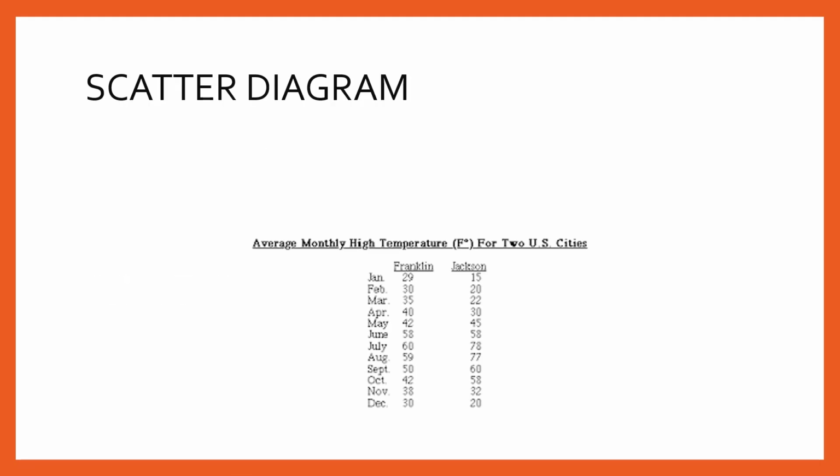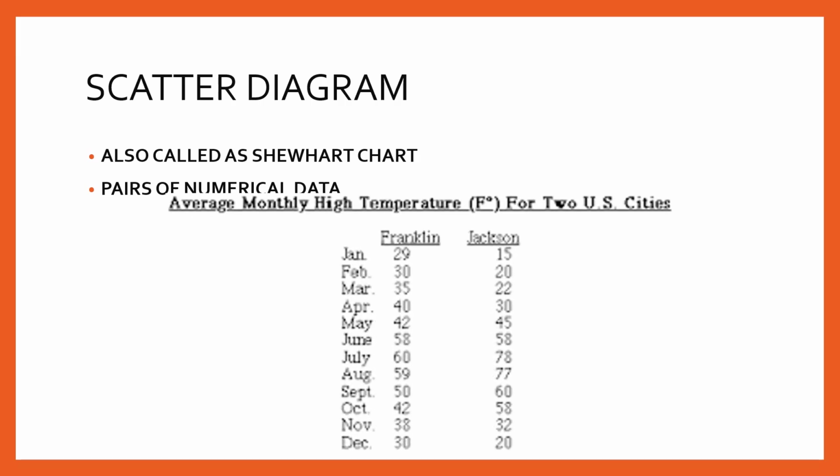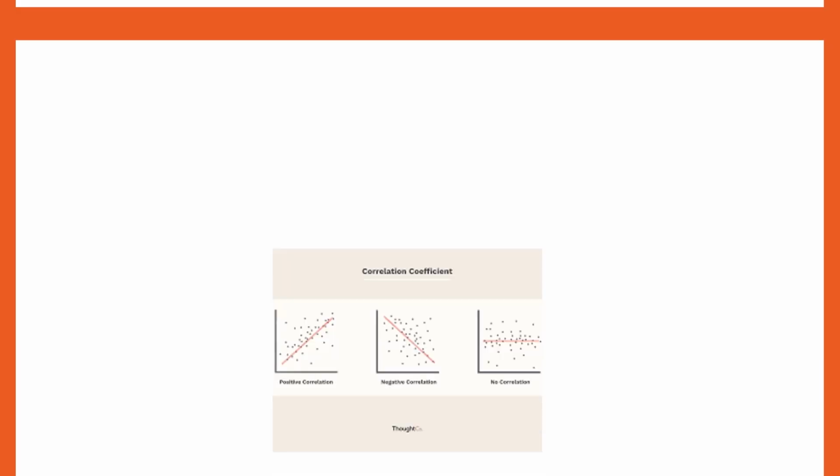Now students, the scatter diagram is a very important tool in QC activities. This is also called the Shewhart chart, and when you have pairs of numerical data, it will be easy to process under these kinds of activities.